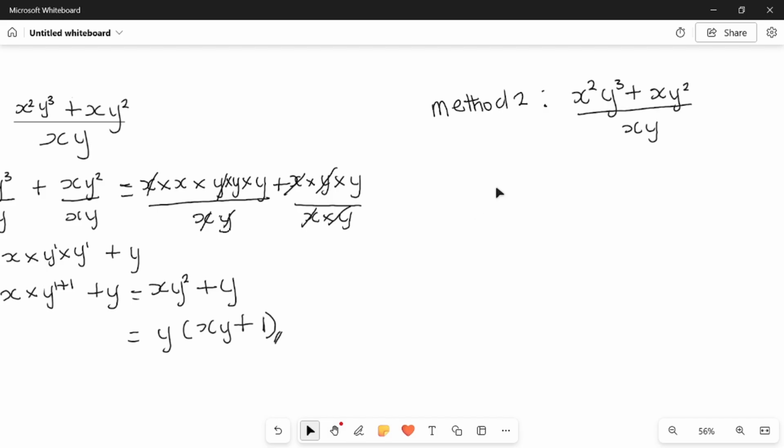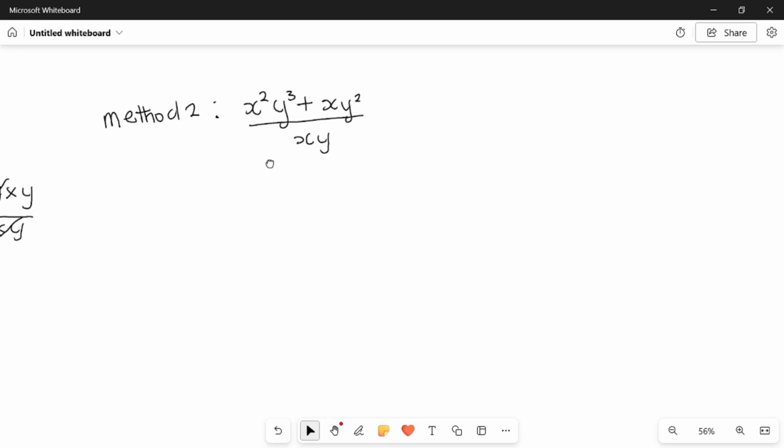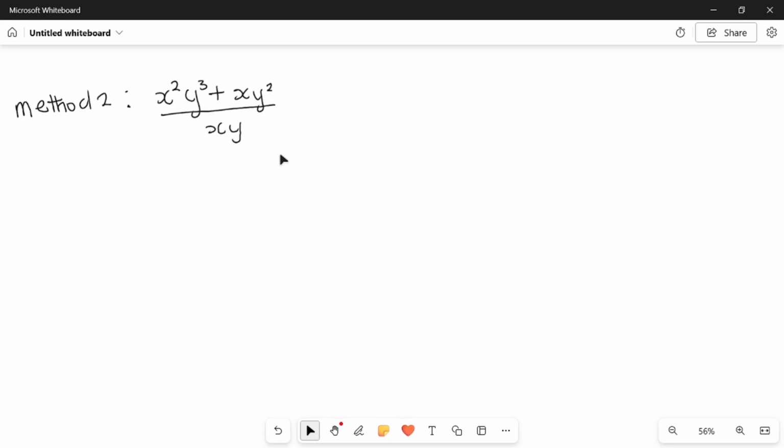So if we want to use the second method, all right. So method 2, in this method, it's very straightforward. There's not much to do. First of all, you separate them like we did in the previous one.